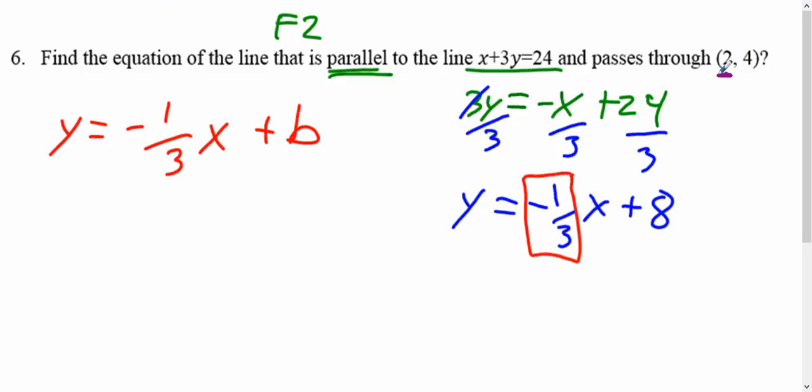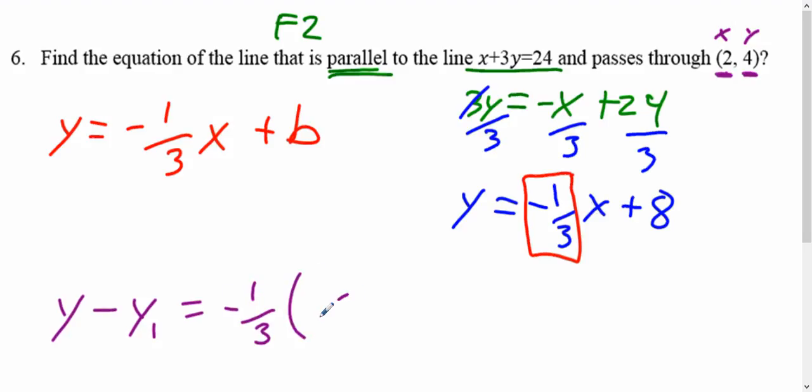We can plug in the point that it has to pass through, 2, 4. You could either plug it into slope-intercept form, plugging in x and y, 2 and 4, or you can go to point slope form, y minus y1 equals m, which we know is negative 1/3, times x minus x1.